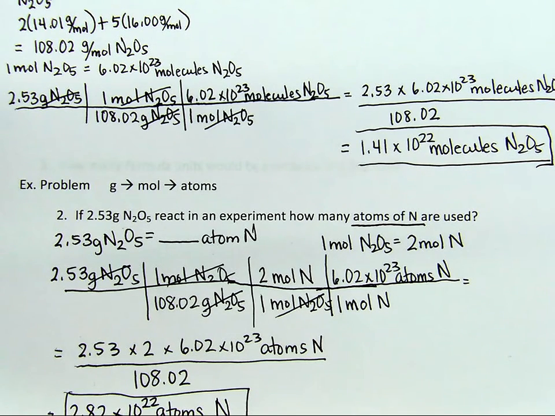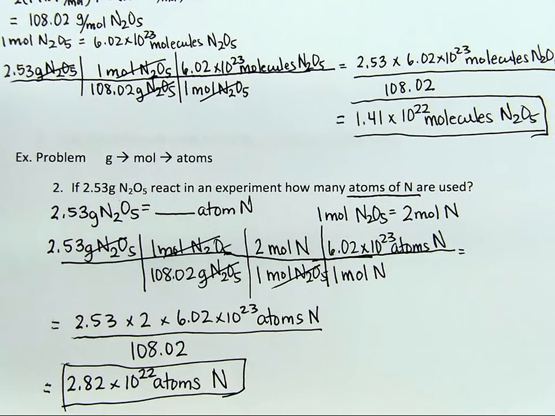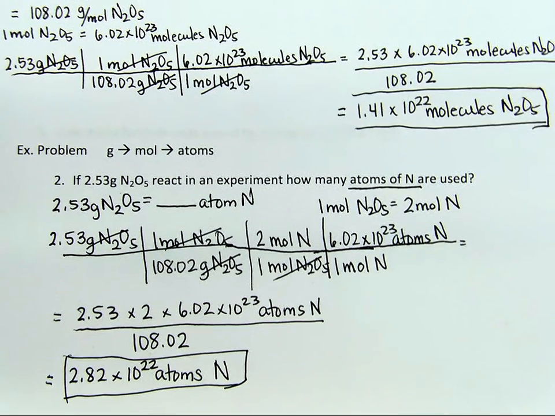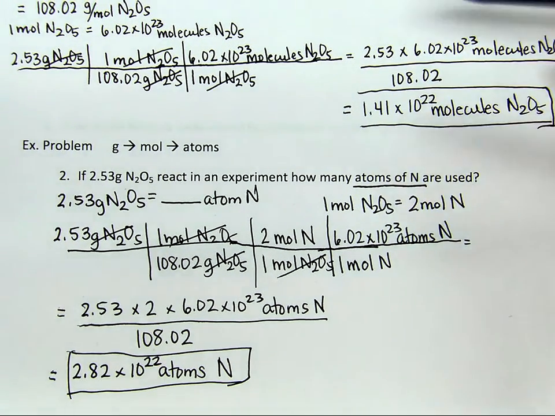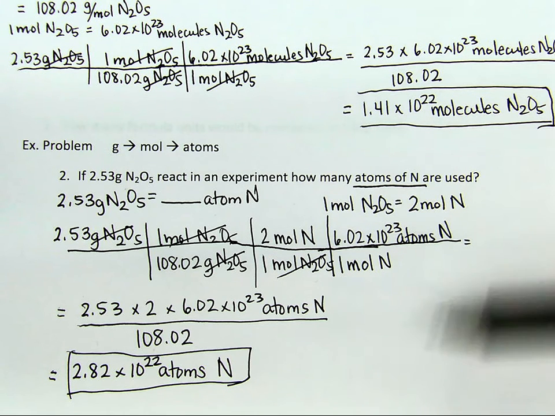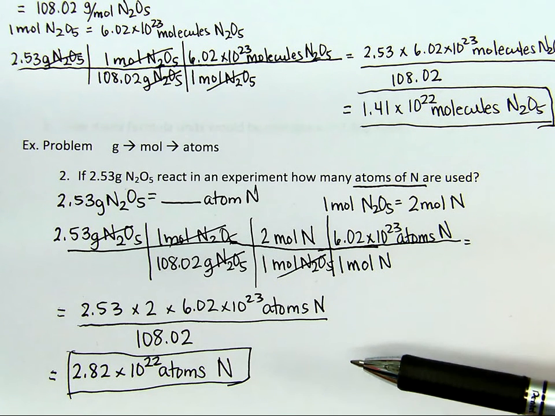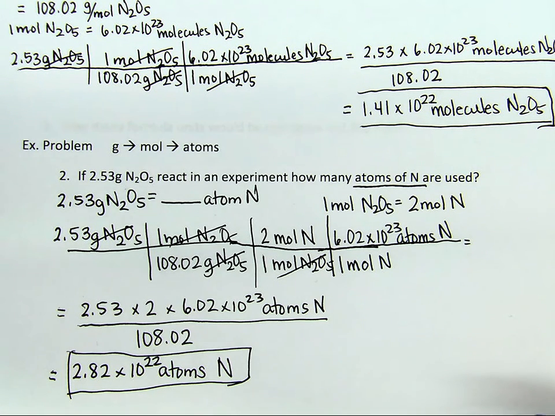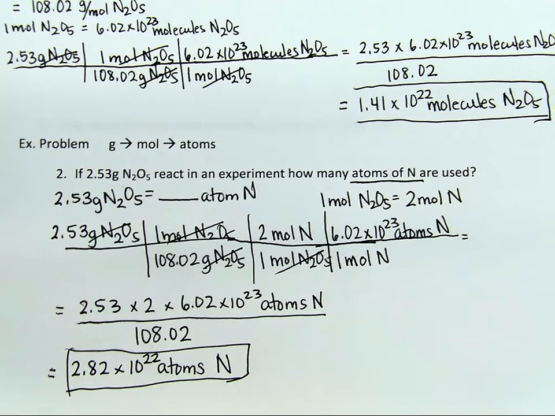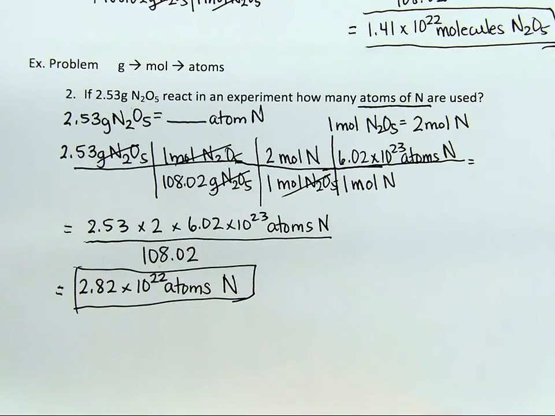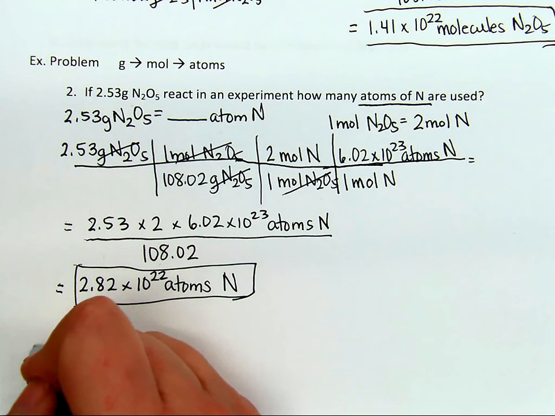Now, that's the long way. If this had not been a standalone, if this problem said how many molecules is this, and then you had a C portion that says how many atoms would this be? In that case, there's another way.